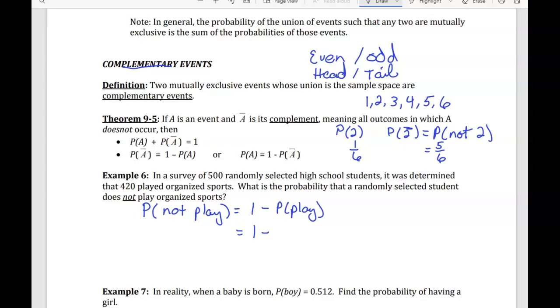Well, that they play sports, we have 420 out of the 500. And if I think about this, 500 minus 420, that's going to give me 80 out of the 500, which can be simplified into 4 out of 25 are not going to play sports.